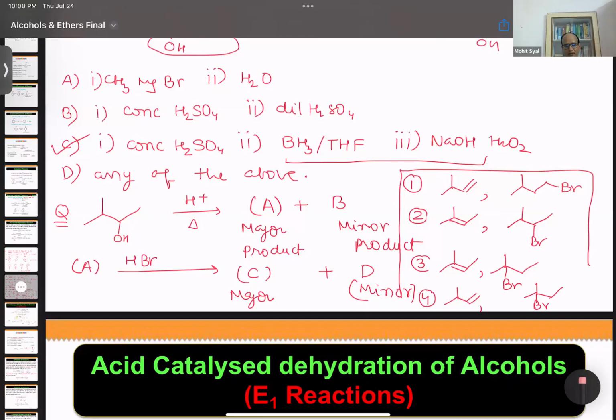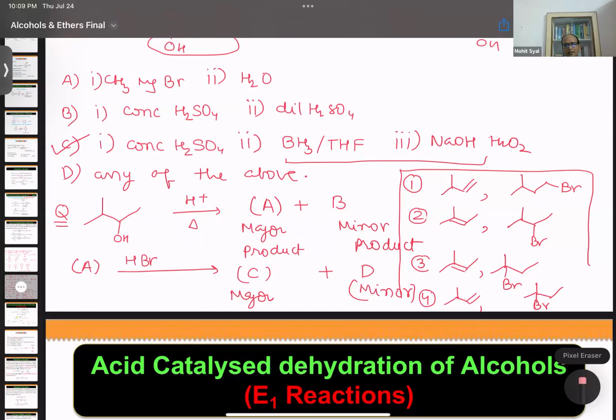Take it as two questions. Okay. So first try to solve the first part. Ibrahim, are you there? So from the first part, remove the alcohol, and which alkene are we going to choose?